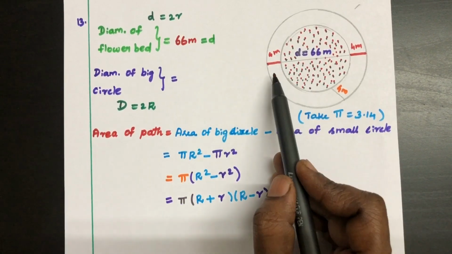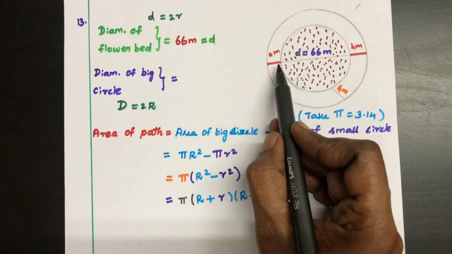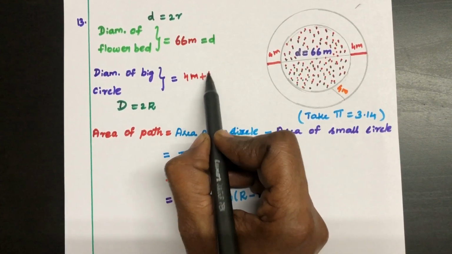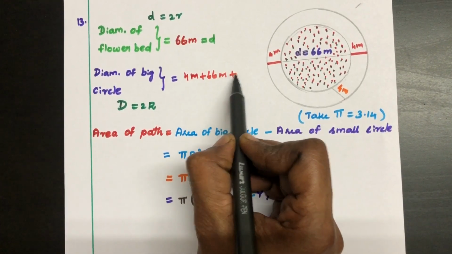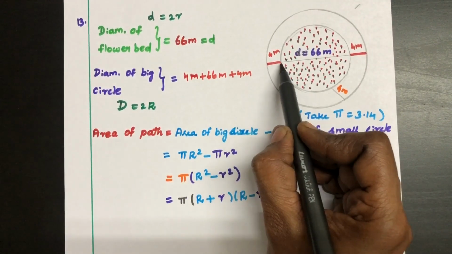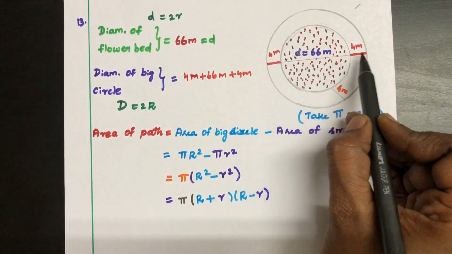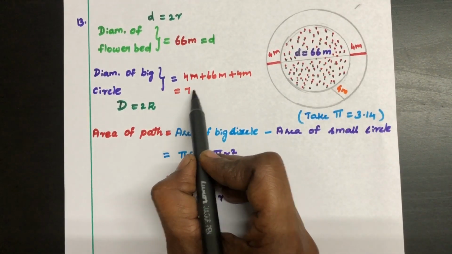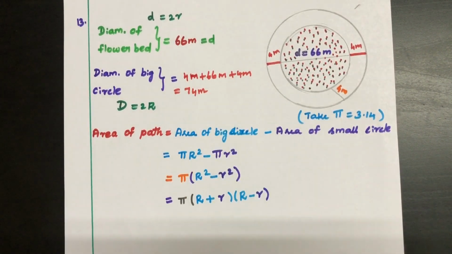Now the diameter of the bigger circle is 4 plus 66 plus 4 meter, correct? This 4, this 66 and again this 4 meter. So this is 74 meter.